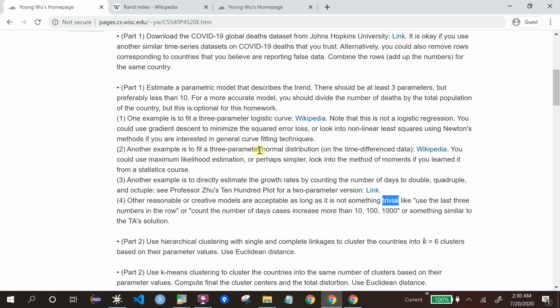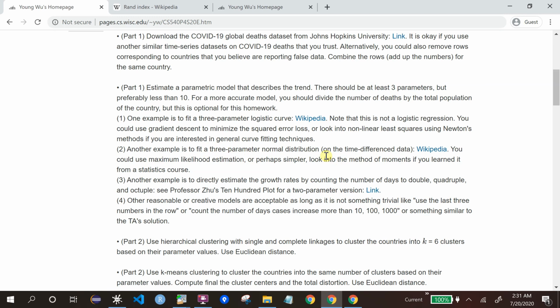For example, what you can do is just compute for each time series the mean, the variance, and maybe the third moment. So what I mean by third moment is just the sum of cube of each data. You can just do the cube, or you can do cube subtract the mean. Then I think it's called the skewness. But in any case, you don't need the specific parameters that are on the Wikipedia page.